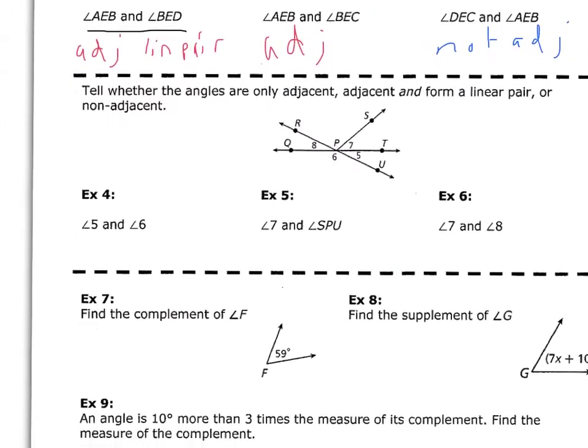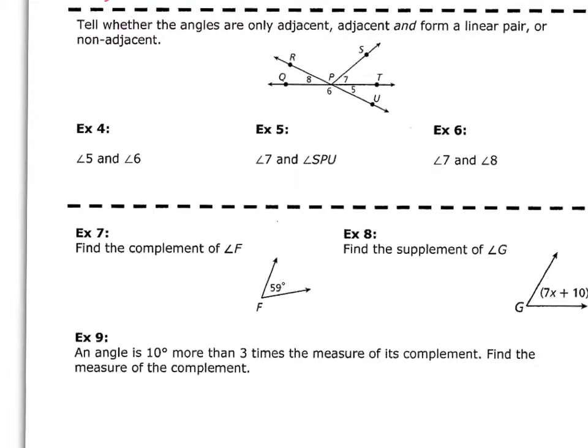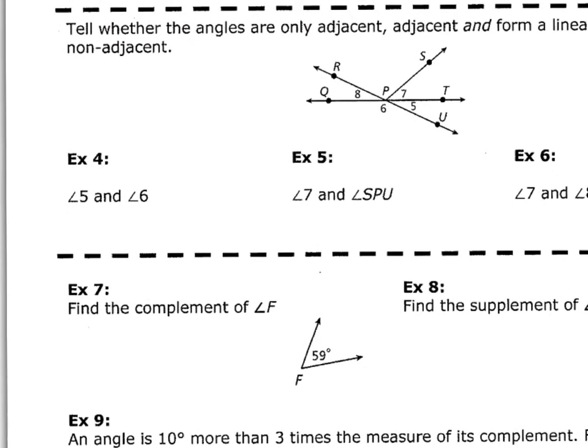Okay, so let's look at these guys down here. We'll look at example number 4, angle 5 and angle 6. Angle 5 is this guy, and angle 6 is this guy. If you take a look, you'll see that angle 5 and angle 6 have the same vertex.